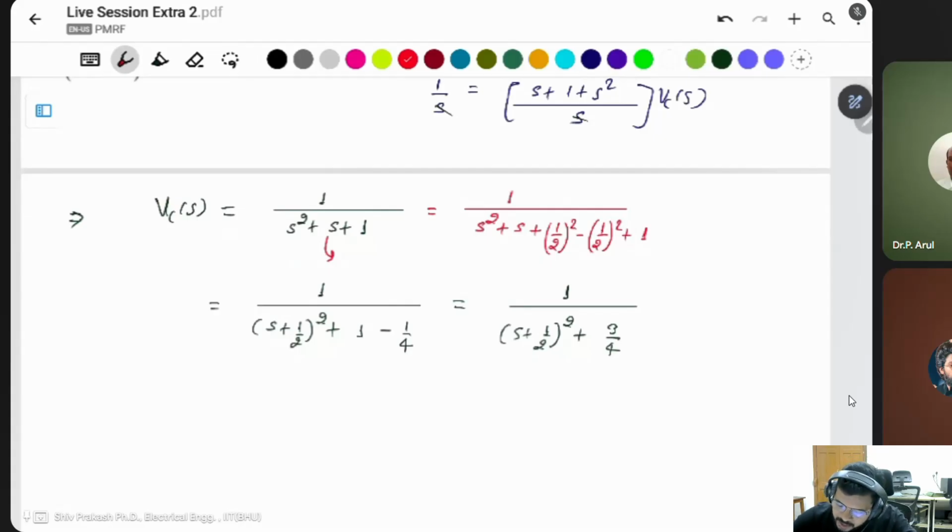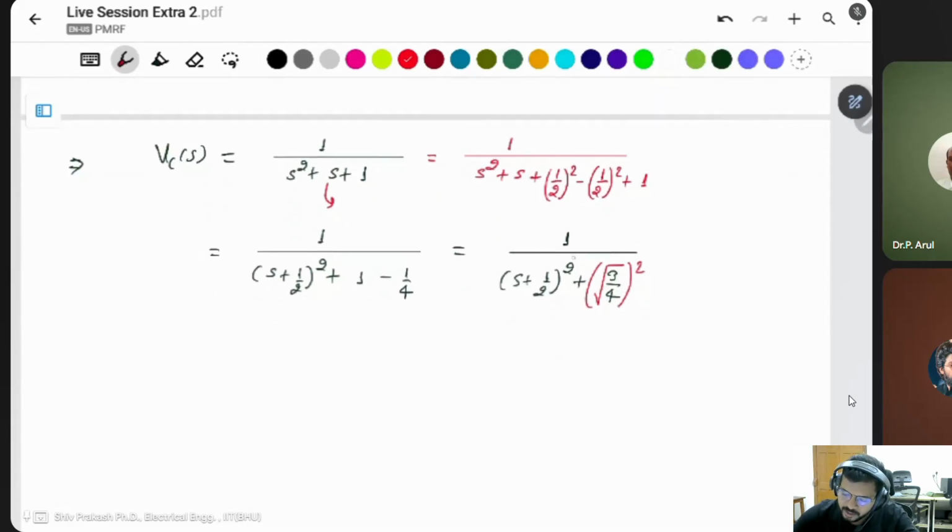In this case, you can write it in the form 1 divided by (s square plus omega square). In sinusoidal terms, omega divided by (s square plus omega square) has omega equal to root 3 by 2.